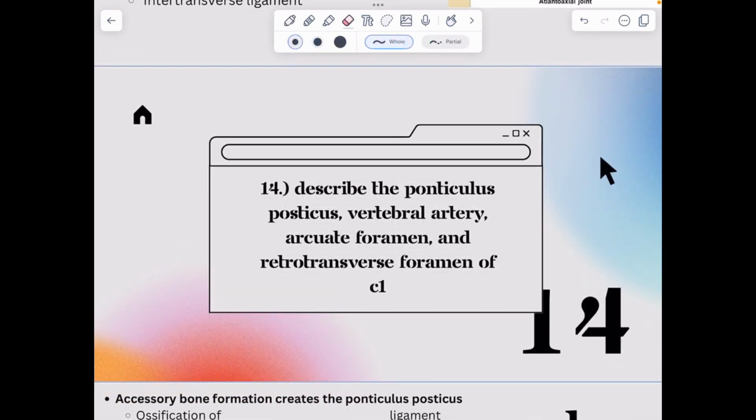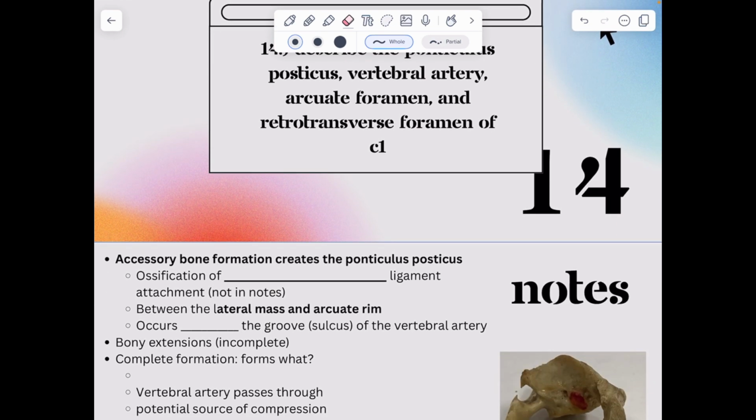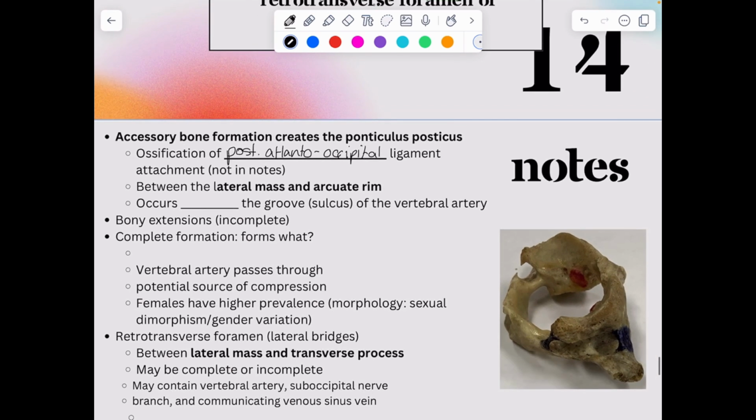All right, so we are going to describe the ponticulus posticus, the vertebral artery, arcuate foramen, and the retrotransverse foramen. So the accessory bone formation creates the ponticulus posticus, and this is going to be ossification of the posterior atlanto-occipital ligament. I don't believe that was on the notes, but I think it was on some practice questions she had given us, so I just wanted to throw it in there.